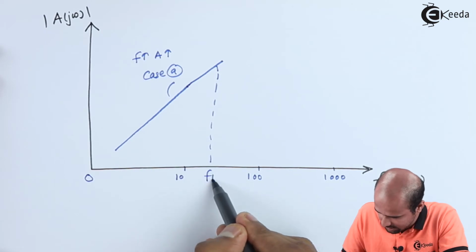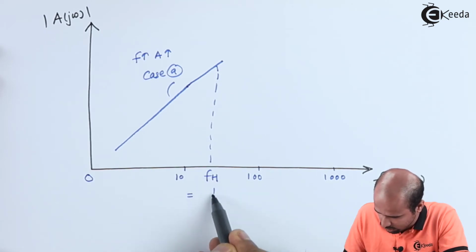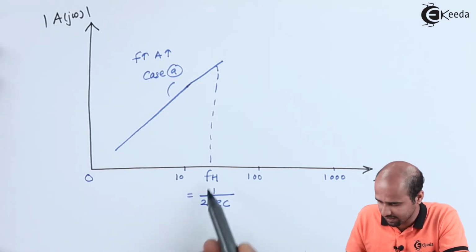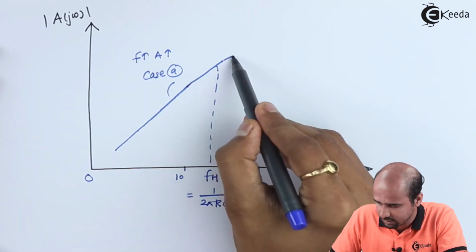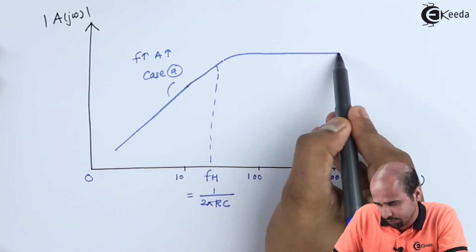After that FH we will be getting the constant value.